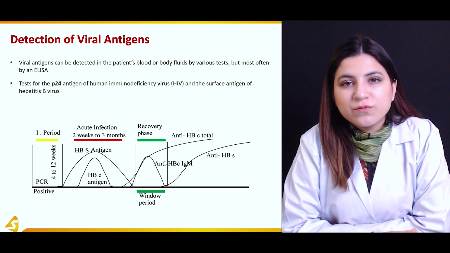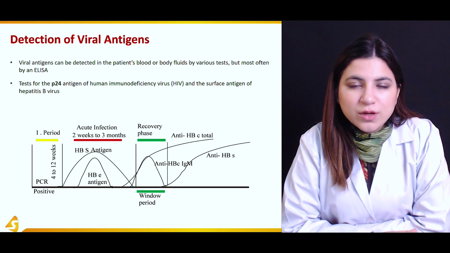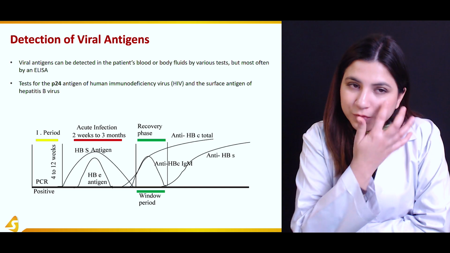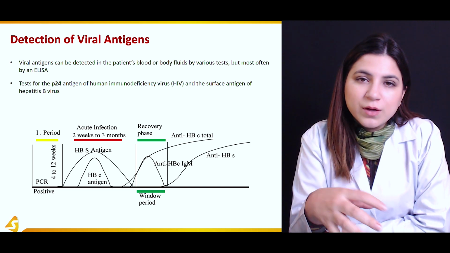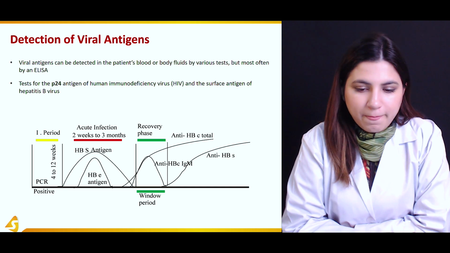Since we are detecting the viral antigens, the antibodies won't bind to any other antigen, and there will be no background noise, and we can actually pinpoint whether or not a cell is infected by a virus or not.